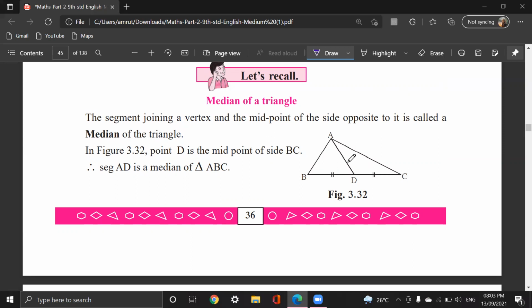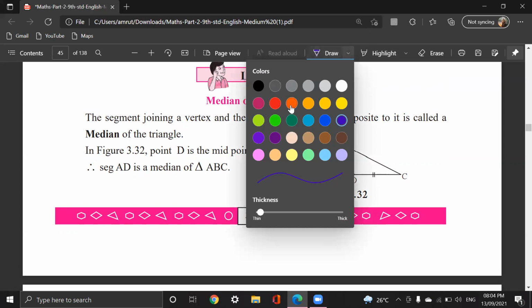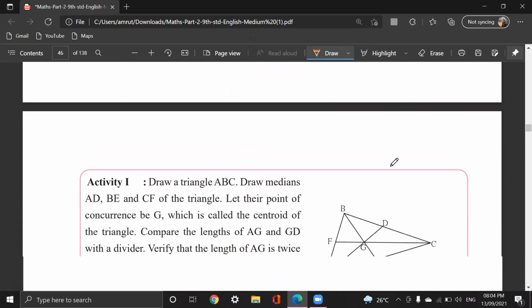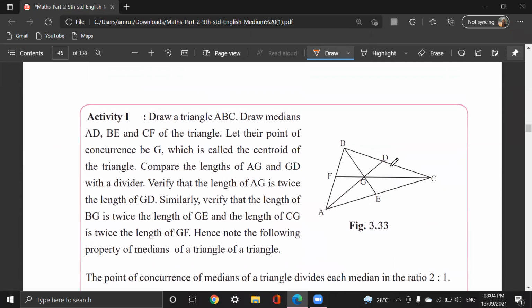So this line AD becomes the median. I'll highlight it with orange color. You can see here, this line AD becomes one of the medians of triangle ABC.